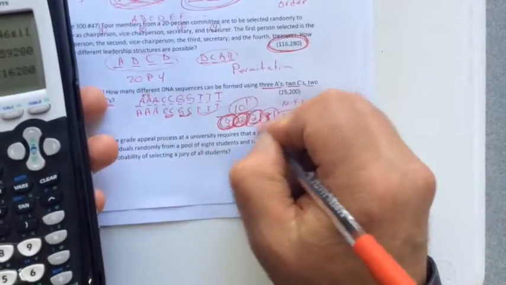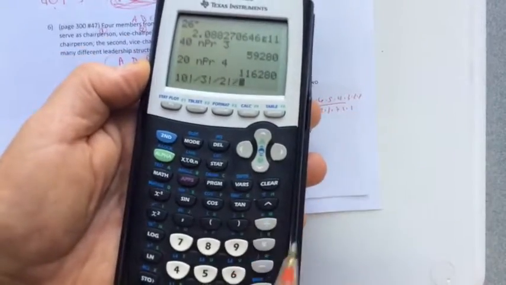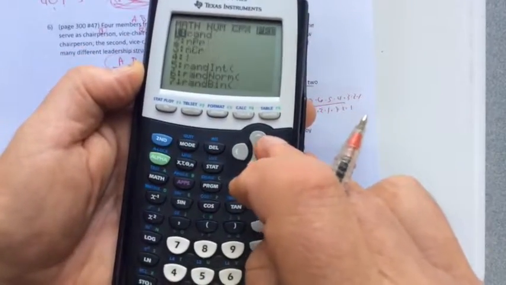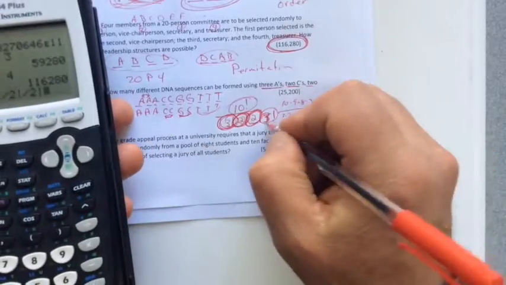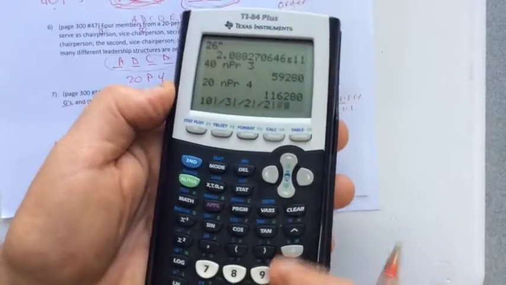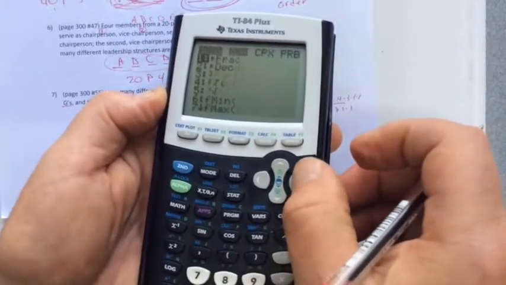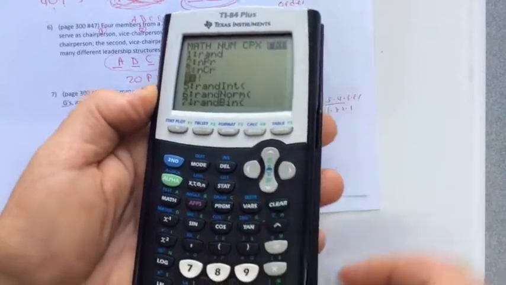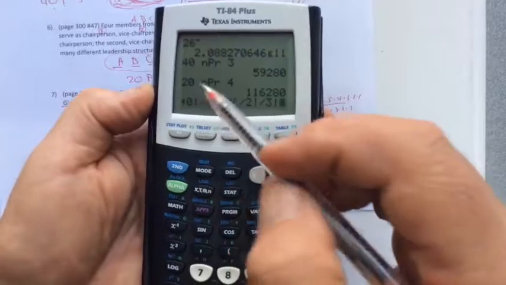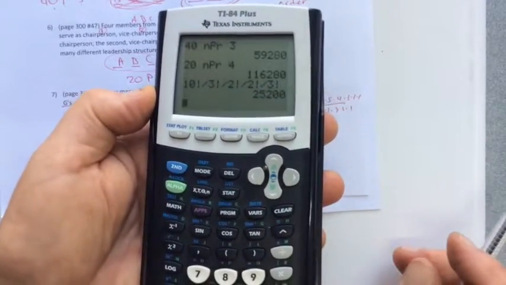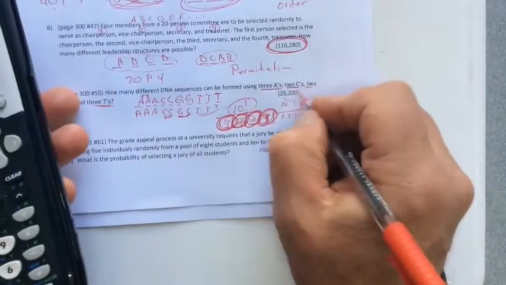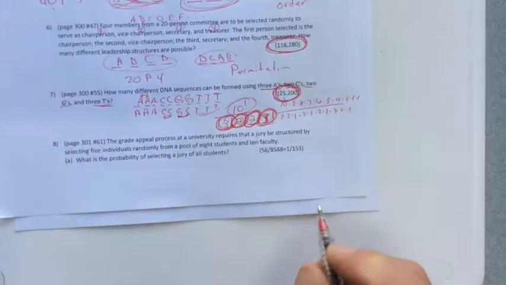And then divide it by this 2 factorial, so divided by another 2 math probability factorial. And then divide it by this one, 3 factorial, so divided by another 3. So we have 10 divided by 3, divided by 2, divided by 2, divided by 3 is 25,200, which is what they have right there.